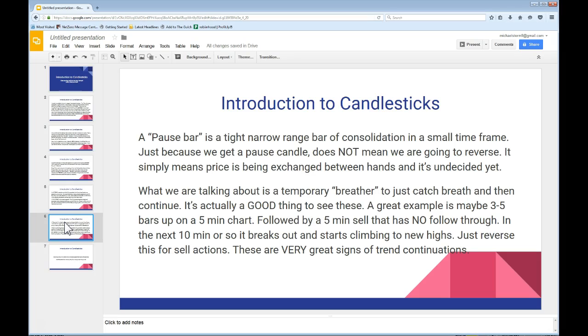And in the next 5 or 10 minutes, it just, boom, goes up right through it, breaks out, and starts climbing to a new high. Now that is a grand thing, and when you can find that, that is an extremely good trade you want in on, okay? Reverse this for the sell actions. These are great signs of trend continuations.